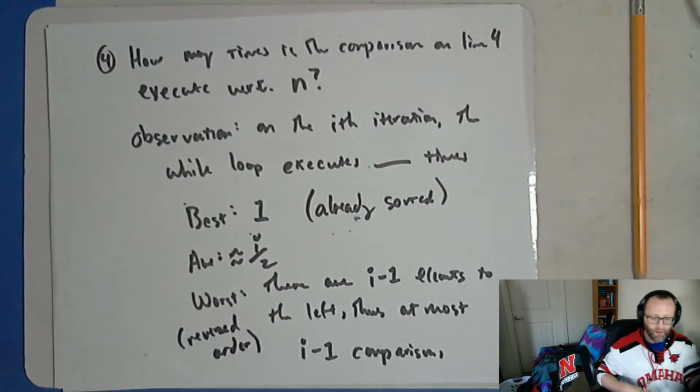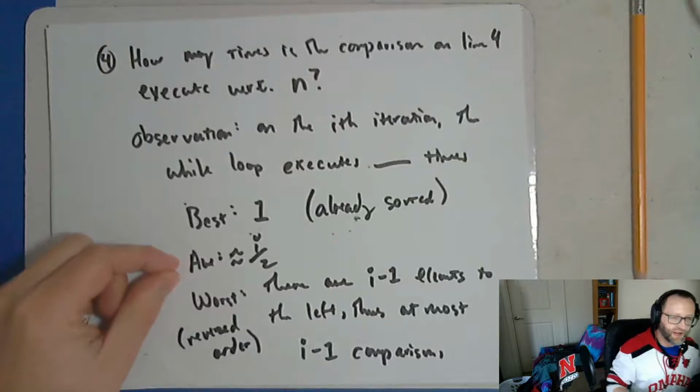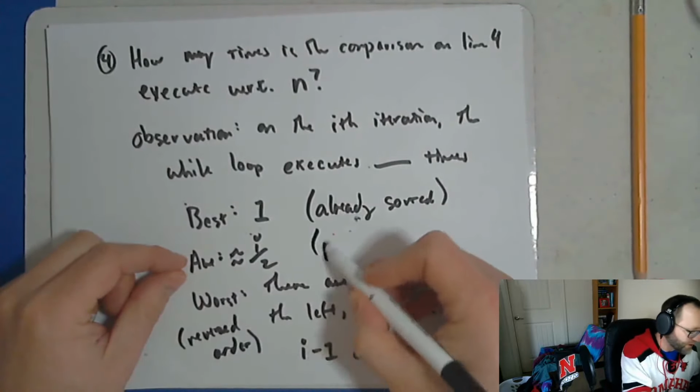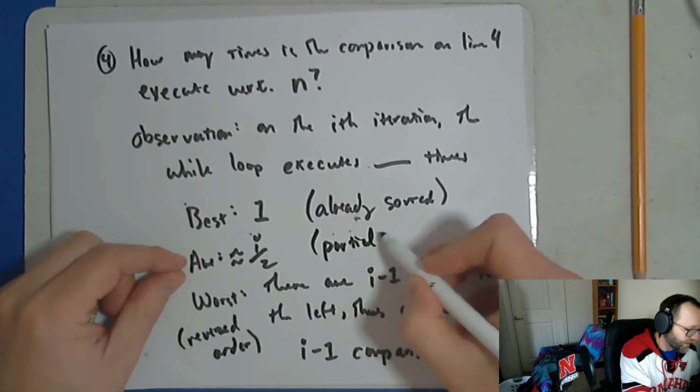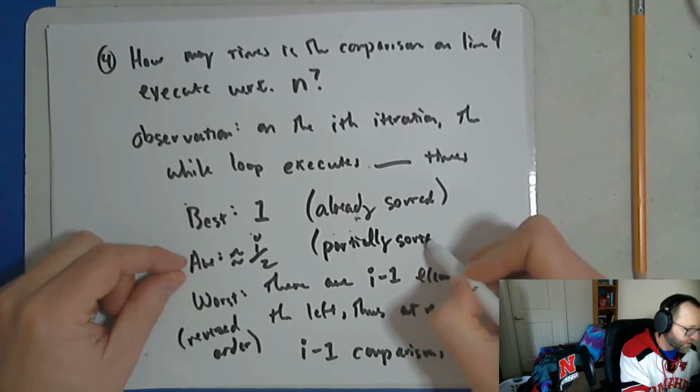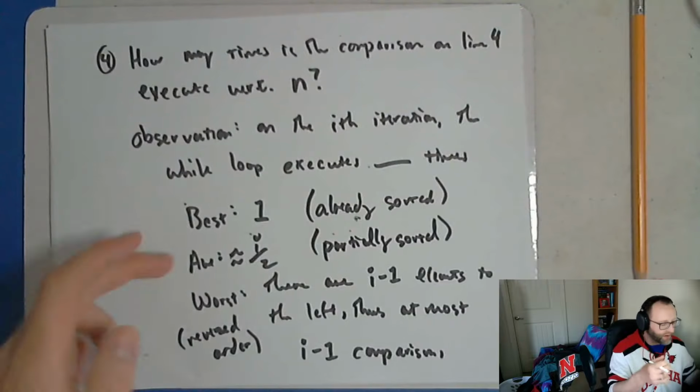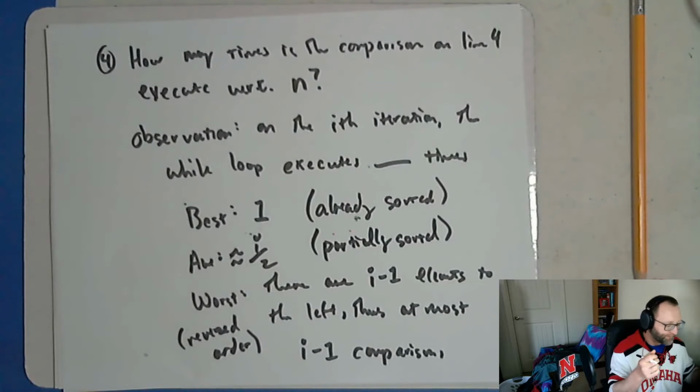Right? And so what does the average case behavior look like? Well, it's when it's partially sorted, when it's sorted halfway. Or just take any random permutation of elements in the array, and you've basically got this average case here. Okay?